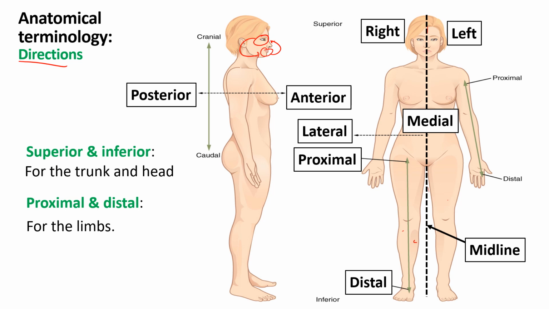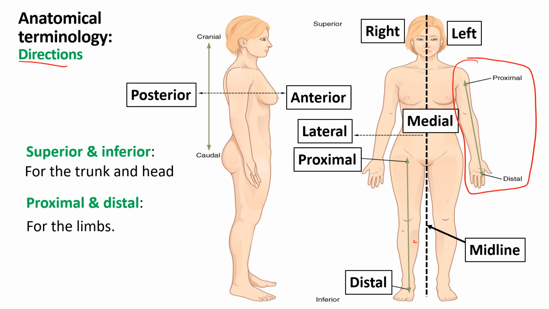That is pretty straightforward. The nose is superior to the mouth, but the nose is inferior to the eyes. The mouth is inferior to the nose, and the mouth is inferior to the eyes. So that is pretty easy. Now, with the extremities, with the arms, we always use the terms proximal and distal.